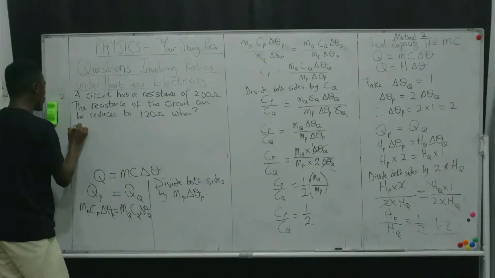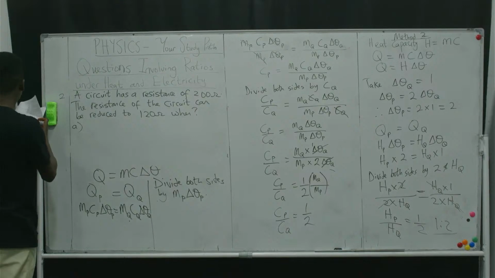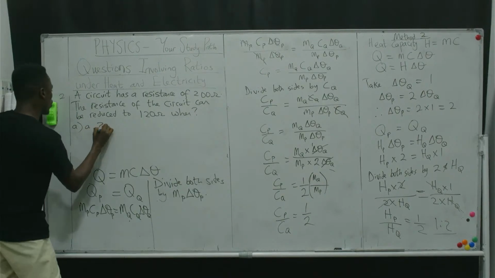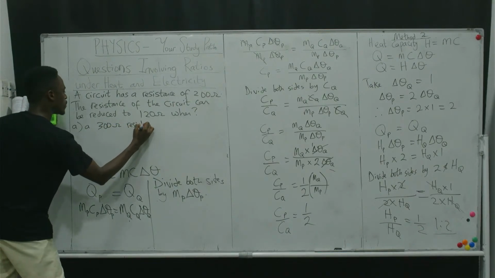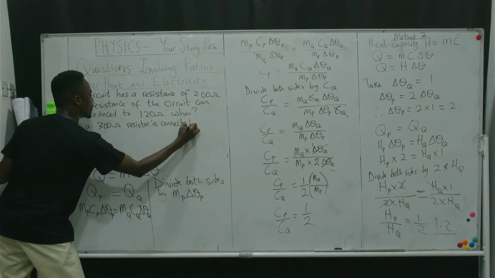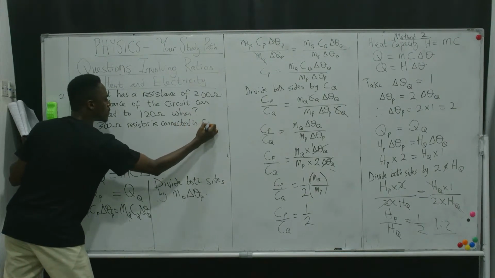I put in the options for the sake of clarity when I'm giving my explanation. A, we are told when a 300 ohm resistor is connected in series.